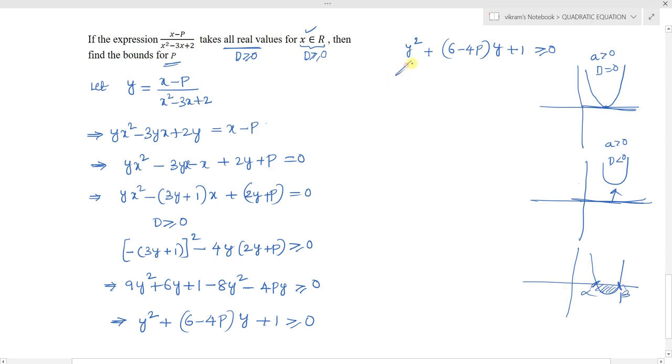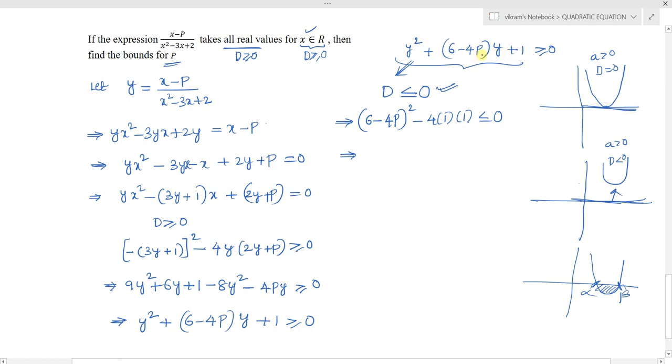So from this we can say that the expression y² + (6 − 4p)y + 1 must have a discriminant less than or equal to 0. Then only do we obtain that it is greater than or equal to 0. So now we need to check the discriminant: (6 − 4p)² − 4, with a = 1 and c = 1, is less than or equal to 0. I think you understand why we have taken the discriminant less than or equal to 0 here. Here p is unknown.